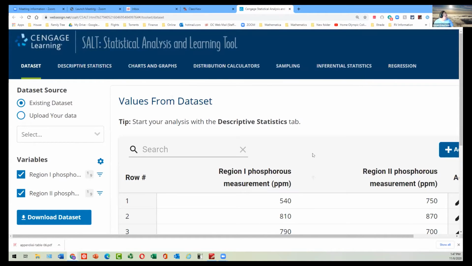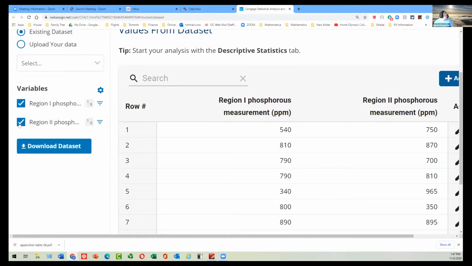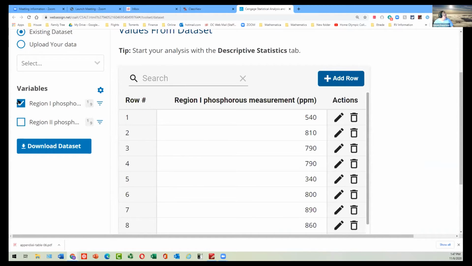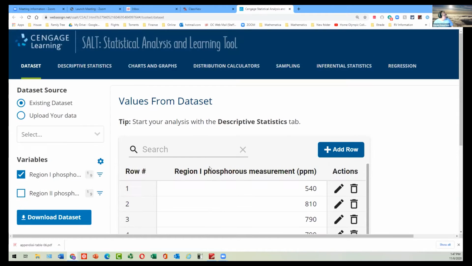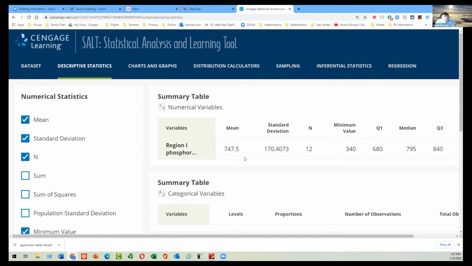So right now, if I click on this, do you see that I've got region 1 highlighted? Can you see what I'm saying? Okay. And now if I go to the top and I go to descriptive statistics, the mean is 747.5, and the standard deviation is right next to it, 170.4073.